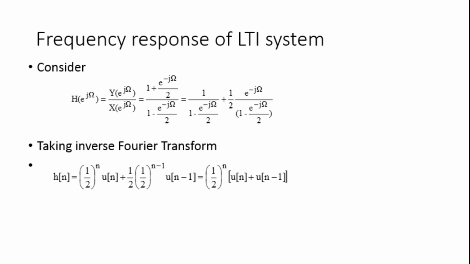Taking inverse Fourier transform of the above equation, we get h of n is equal to half to the power n into u of n plus half into half to the power n minus 1 into u of n minus 1, which is equal to half to the power n into u of n plus u of n minus 1.